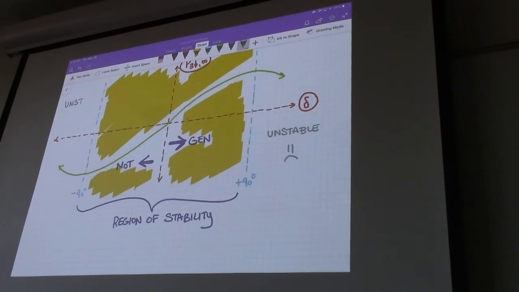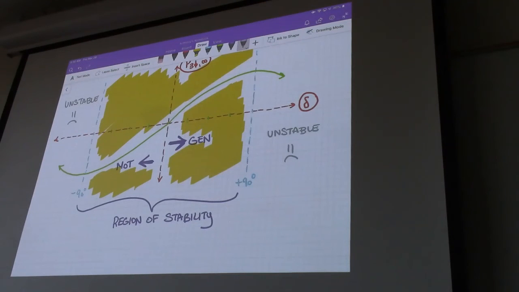smile, frown faces for everybody who's trying to use their dishwashers. So if the magnitude of the phase shift between the EMF, so between the generator and the infinite bus is greater than 90 degrees in either direction, then we are going to begin to lose stability, or we're going to reach an unstable condition.